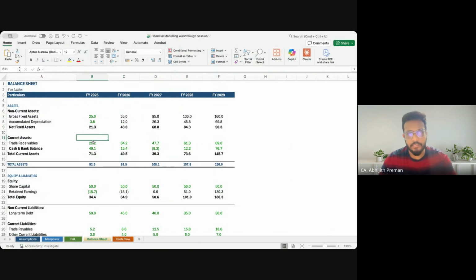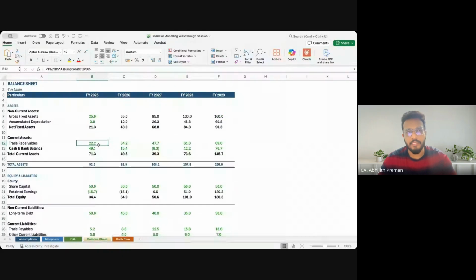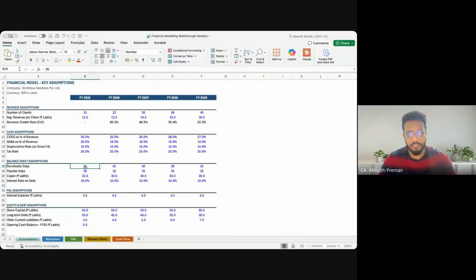Now here is the trade receivable, what I told Ajesh, if you remember. It's considered as revenue. P&L B5 is the overall revenue, 180, into assumptions B18 divided by 365. Assumptions B18 is receivable days.